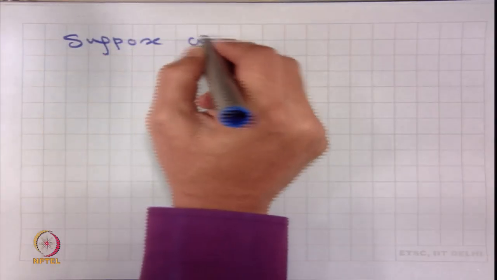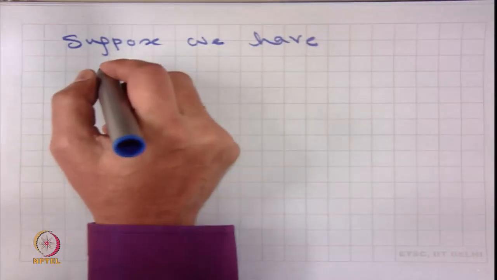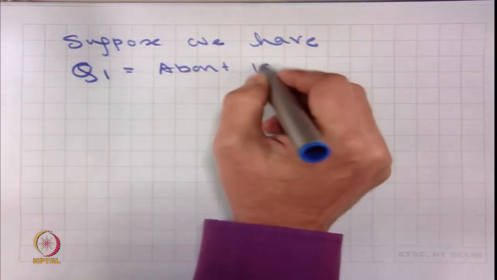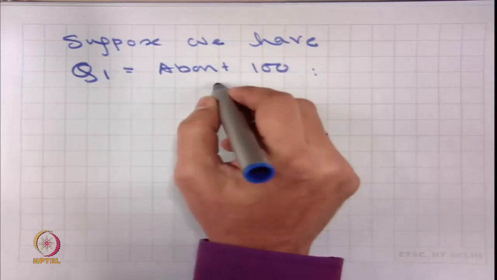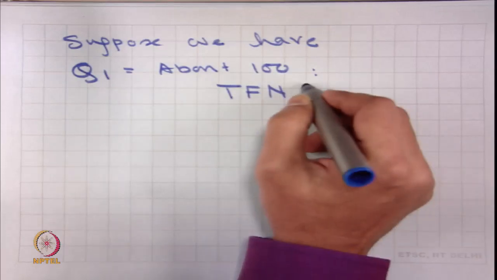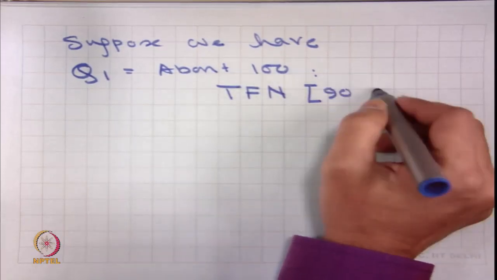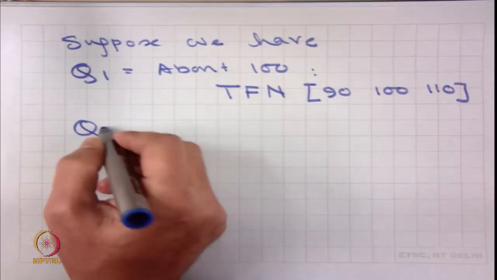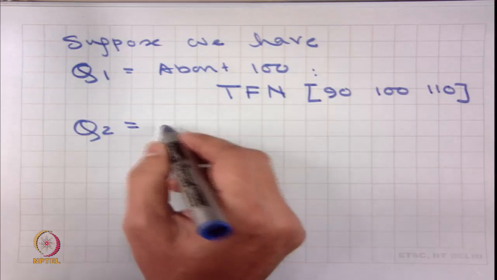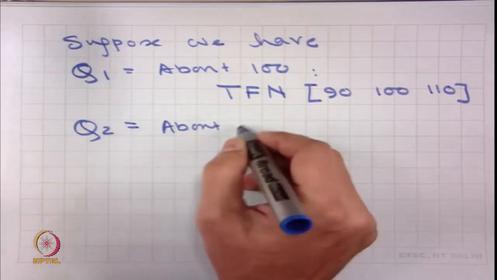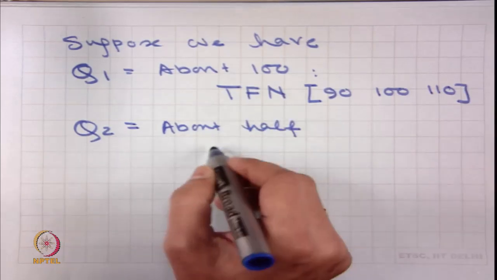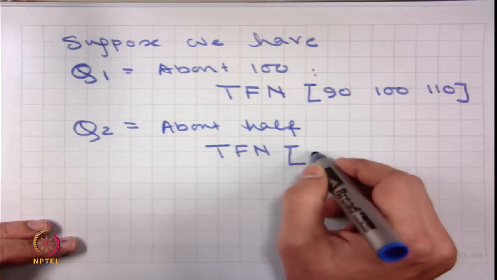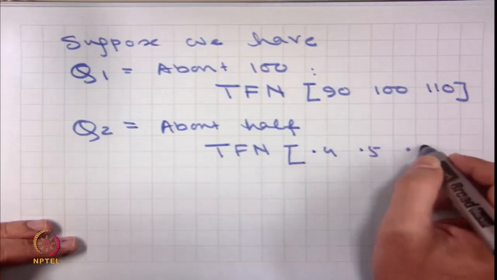Suppose about 100 is the fuzzy set given by the fuzzy triangular number 90, 100 and 110, and let Q2 be about half, which is a quantifier of the second kind, also a triangular fuzzy number which runs between 0.4, 0.5 and 0.6.